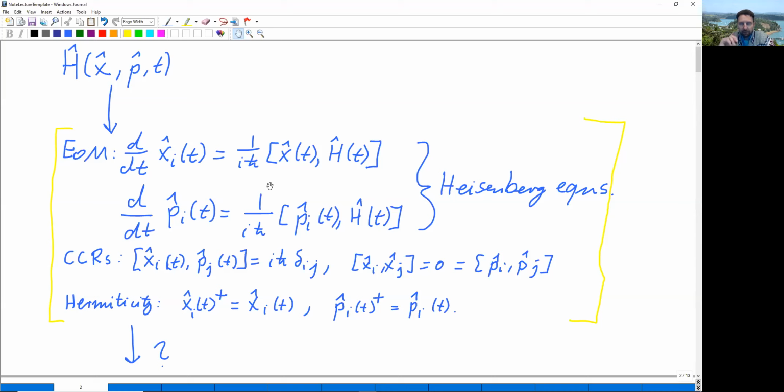And now we settled on the conclusion that we should try to solve these 3 sets of equations, equation of motion, canonical commutation relations, and hermiticity, using functions which take their values not in numbers, but in linear maps. So x hat of t is a linear map. For every time t, you get a different linear map. And the same for p hat of t. For every point in time, it's not a number, it's a linear map.